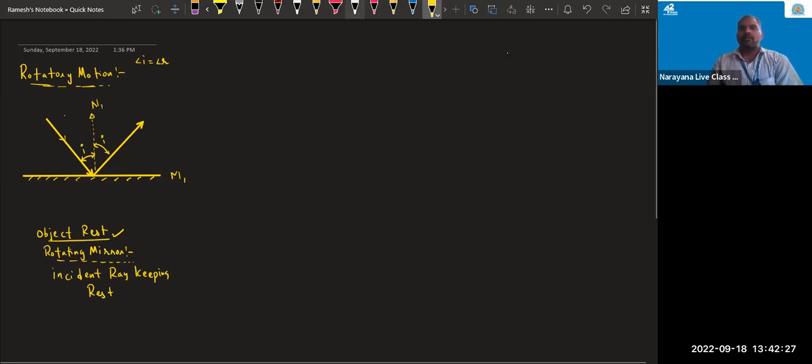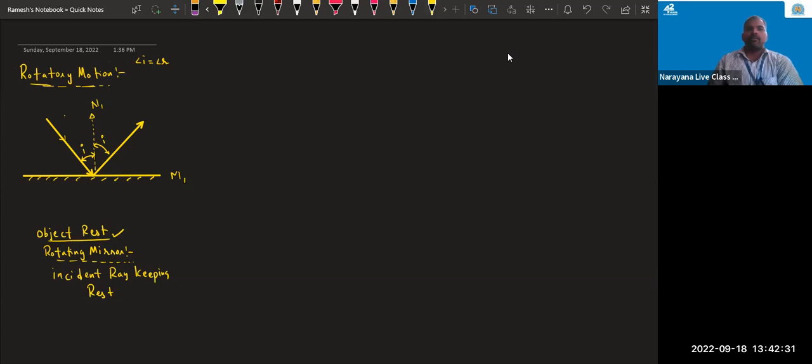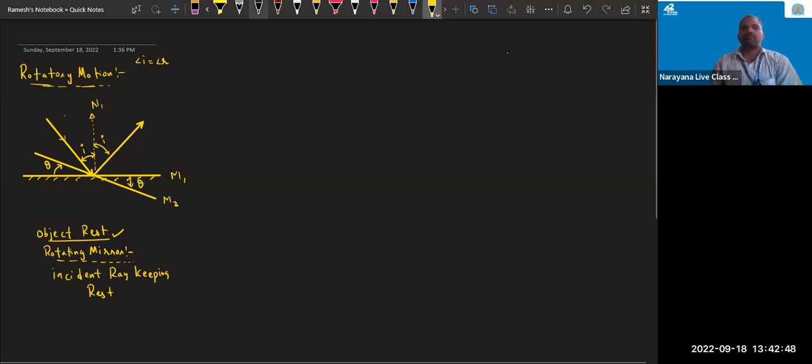What I have done? Mirror alone I rotated clockwise. What is this? New position of the mirror. It is rotated in which direction? Clockwise angle theta.